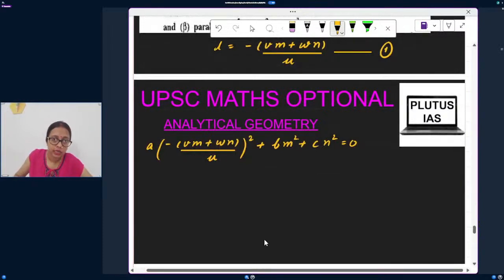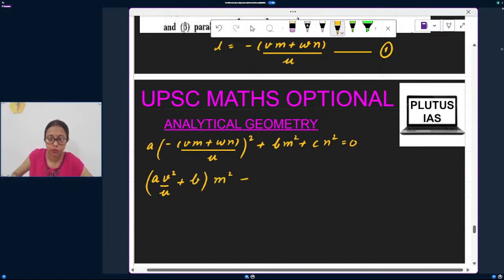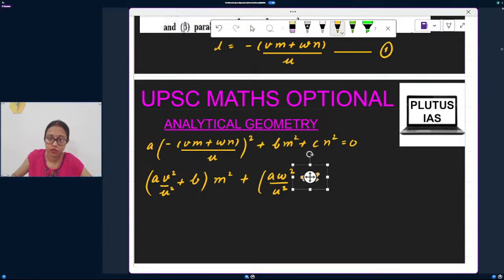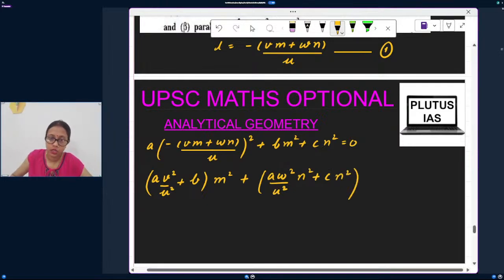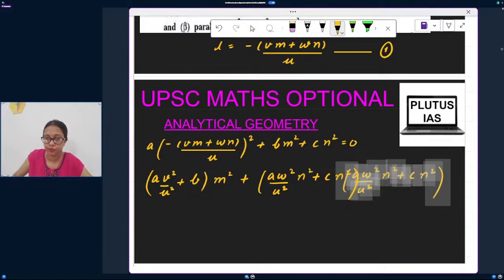So for that, let's collect the coefficient of m square. So it is a v square by u square plus b, m square, plus a w square divided by u square plus c, n square. That is actually the complete constant, and then the coefficient of m.